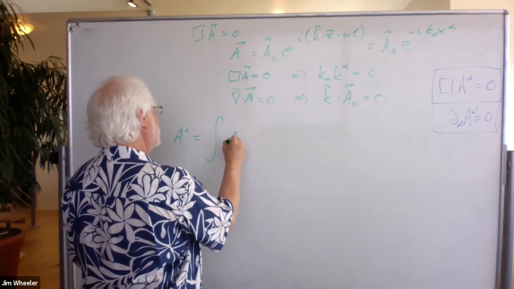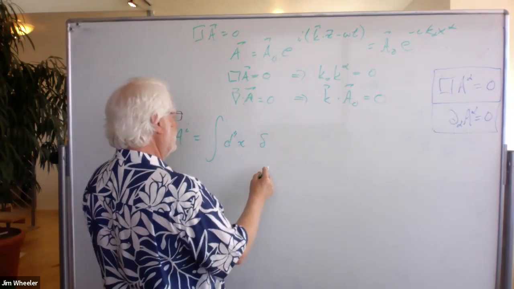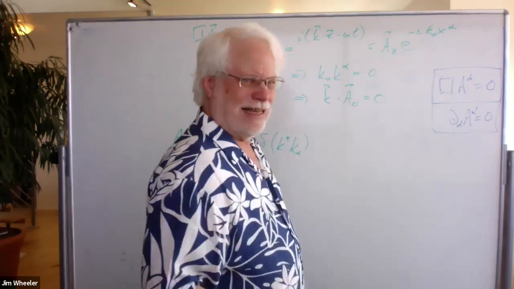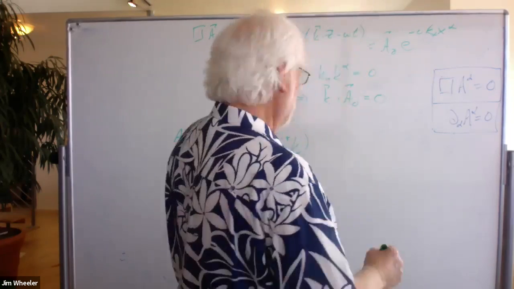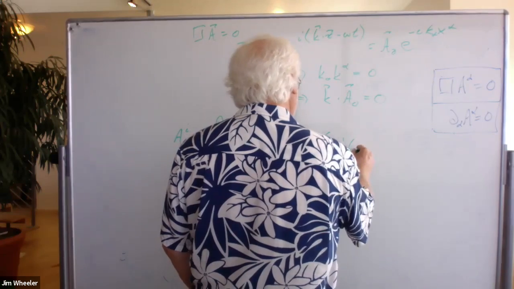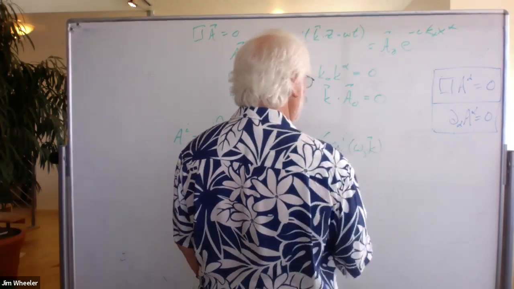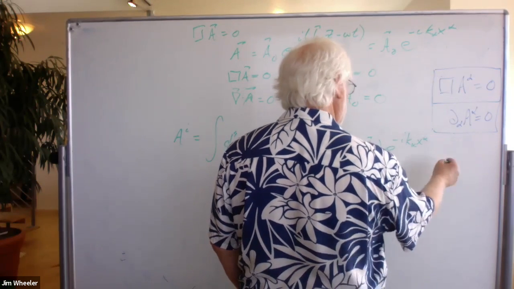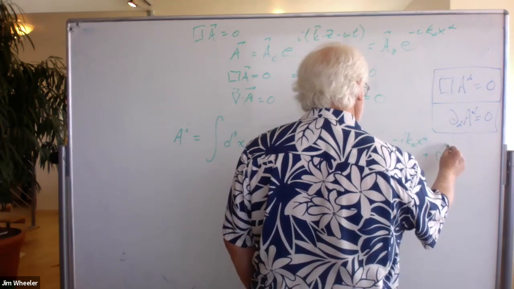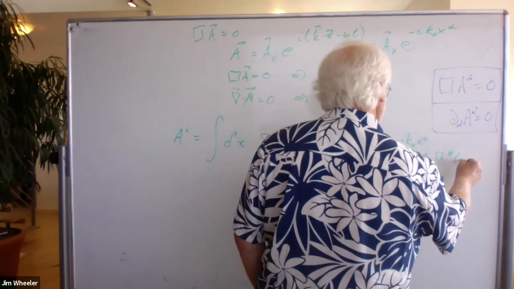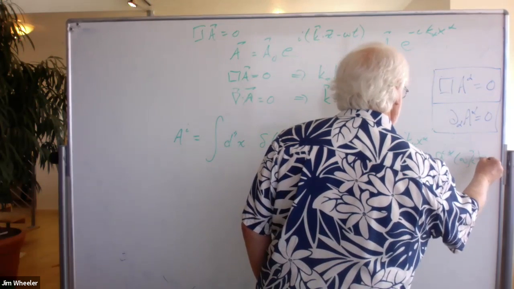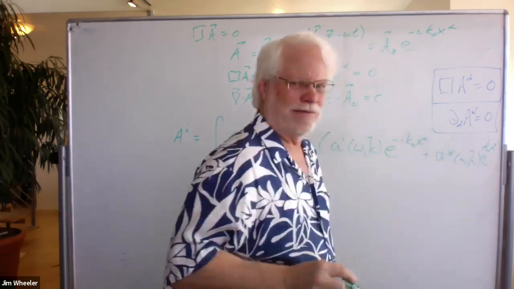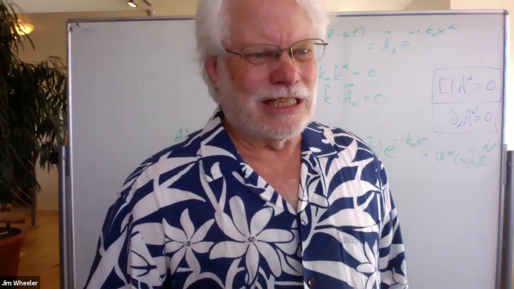Okay, we've got d4x, and then we're going to need a delta function of k_alpha, and that'll split into a couple things, and then an amplitude that at this point still depends on omega and k, with e to the i k_alpha x^alpha, minus i, plus a conjugate of omega and k e to the i k_alpha x^alpha. So there you are. Yes, we have both terms. And that is just a complex conjugate.